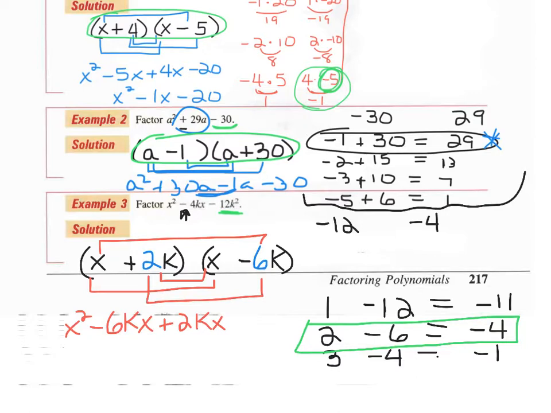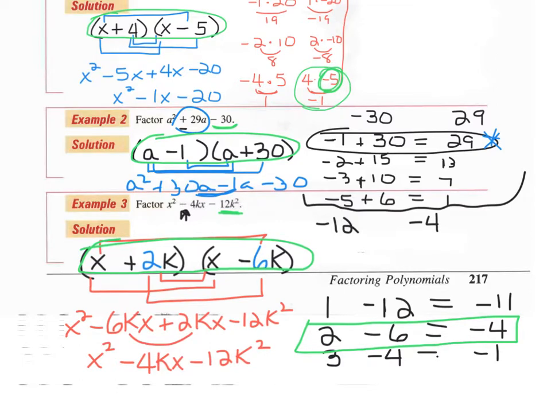And then finally, last, -12k squared. Notice again, when you group the outer and the inner, you'll always be able to group them because they are like terms. Sometimes they go away in the difference of two squares, but in this case, we're always going to be able to add or subtract them. So it did go back to my original problem. So my correct answer again is x - 2k and x - 6k.